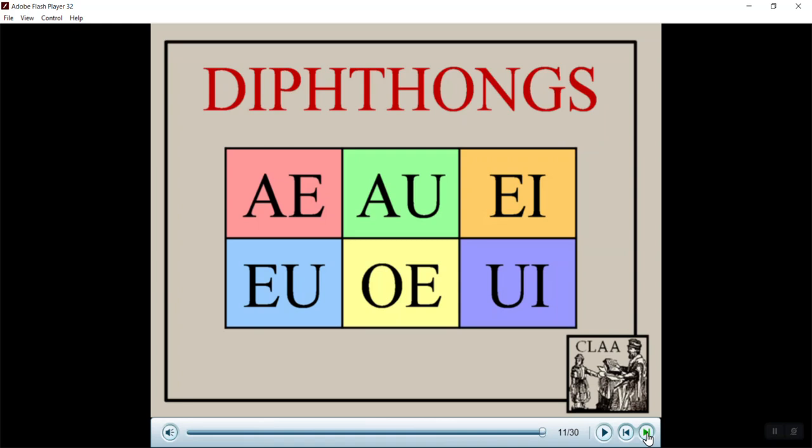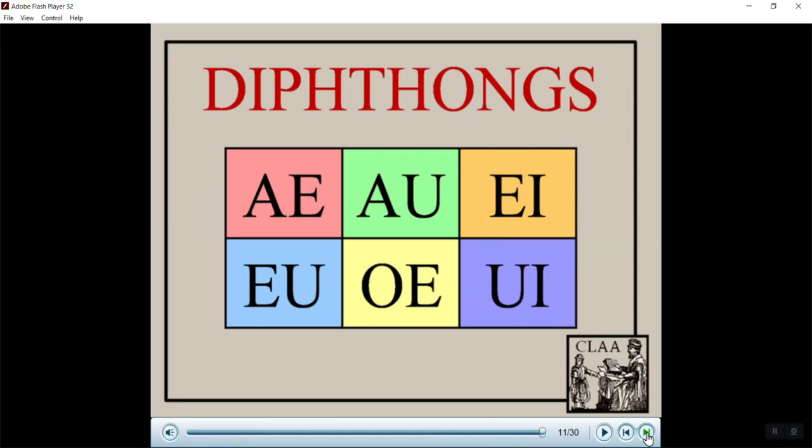Point to the syllable in the yellow box. This is the diphthong oi. And lastly, point to the syllable in the dark blue box. This is the diphthong we.